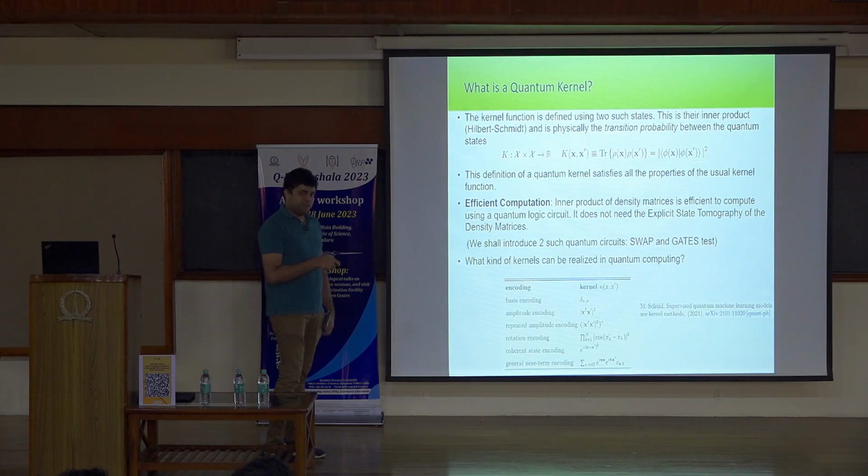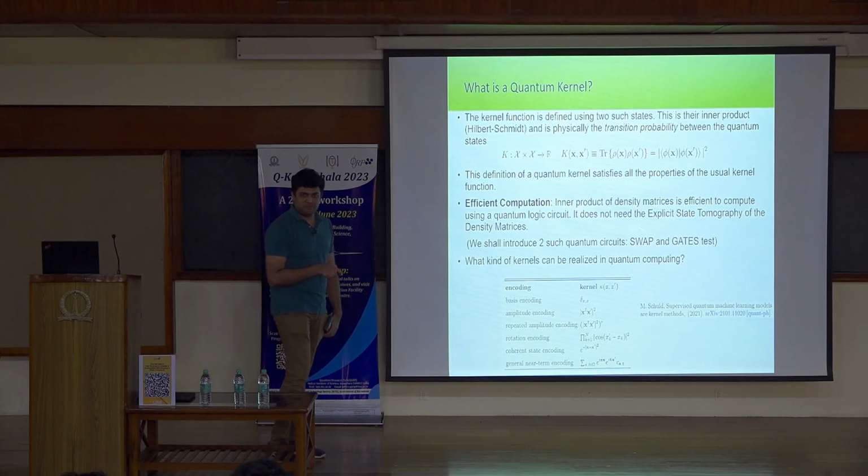So you see an immediate parallel with the classical kernel trick, that you don't actually need explicitly to know what these phi of x and phi of x prime are. I just need to know how to evaluate this inner product. I don't have to know the density matrices themselves.